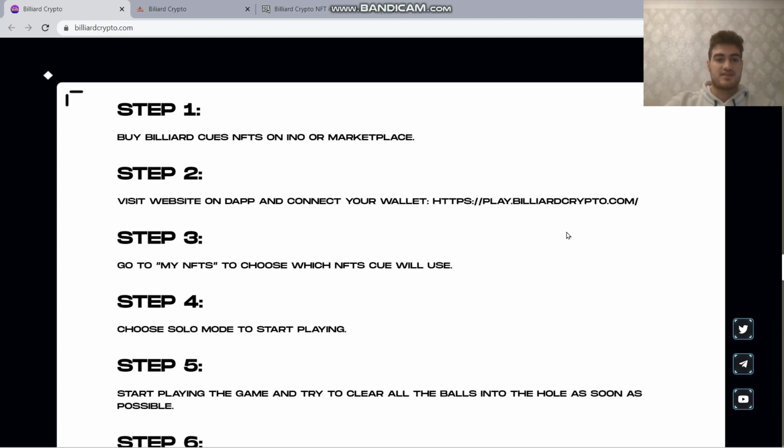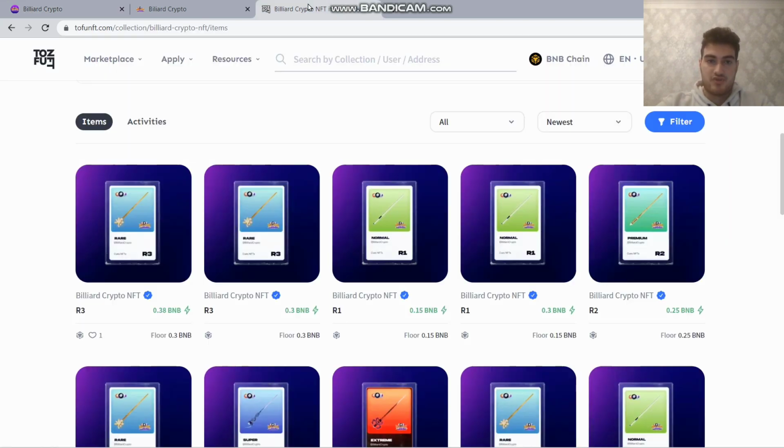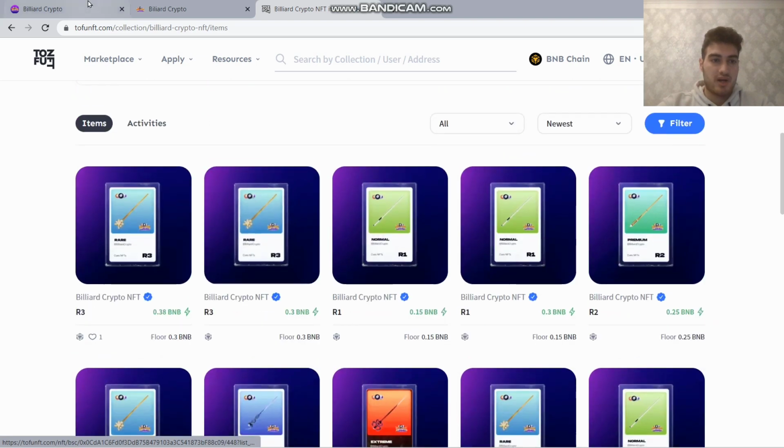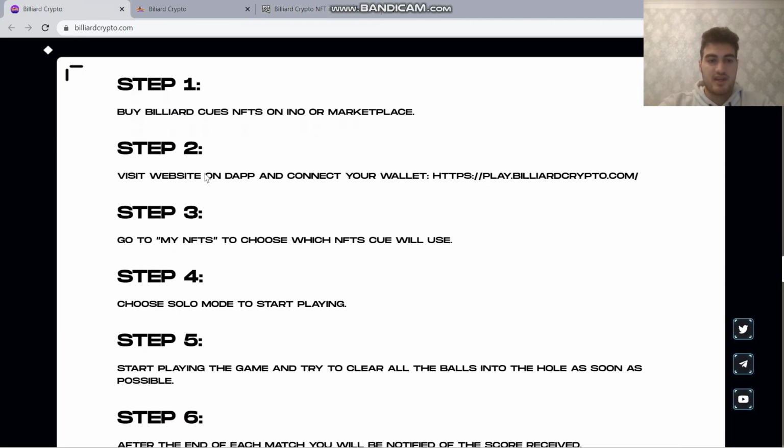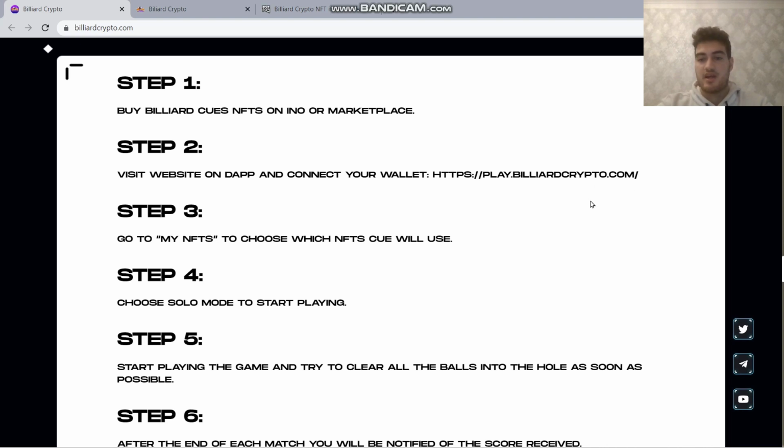So you see these steps. It says buy Billiard Q's NFTs on its marketplace. I have showed to you the marketplace. It's written to visit the website on the app and connect your wallet to the https playbilliardcrypto.com. This is their secure official cryptocurrency website.